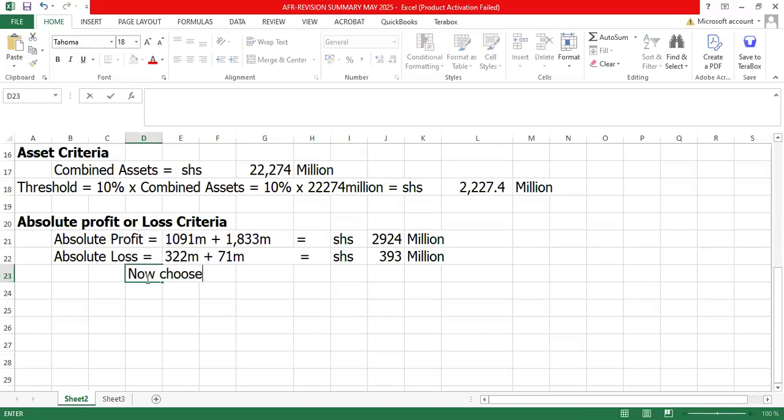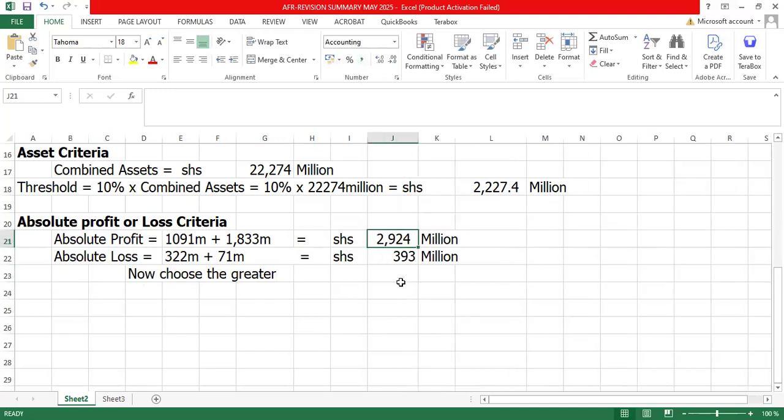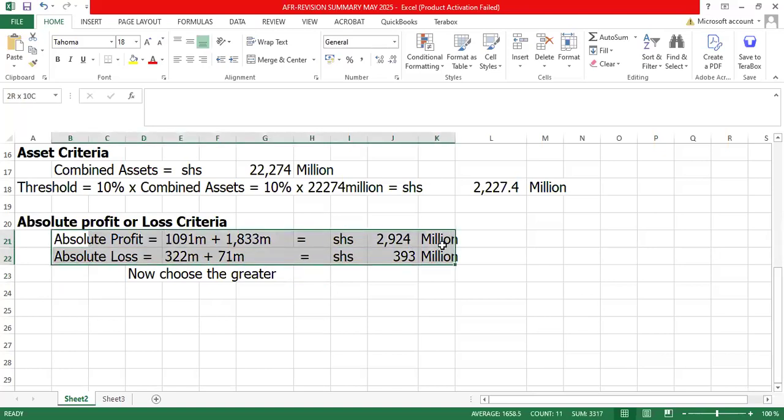The greater is absolute profit. So you will rely on the absolute profit to determine the threshold. This one will be our base, okay?